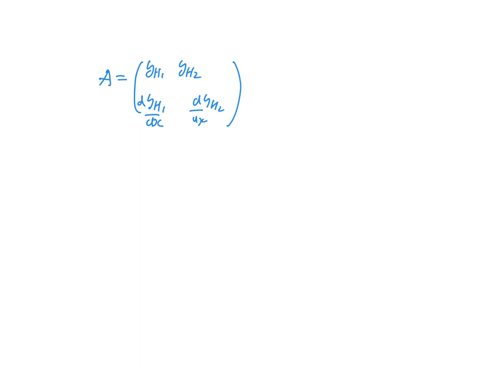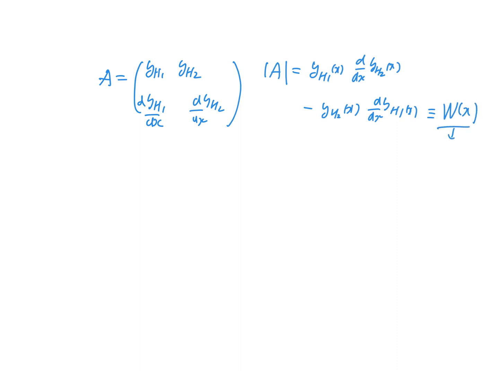So before finding an inverse, we need to find the determinant. Determinant A is actually yh1x dx dy h2x minus yh2x dx dy h1x. It has a name called the Wronskian. The determinant in this case is called the Wronskian.